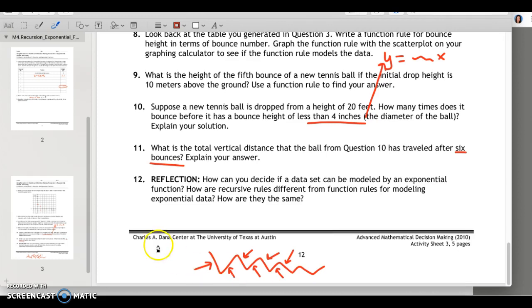And number 12, how can you decide if a data set can be modeled by an exponential function, and how are recursive rules different from function rules for modeling exponential data, and how are they the same?